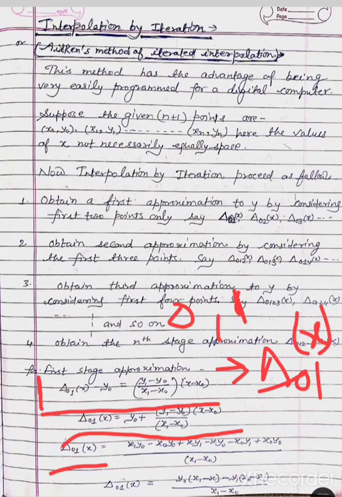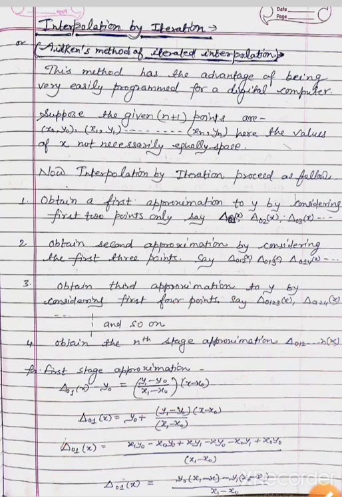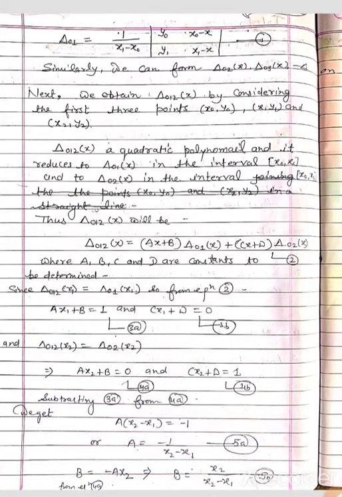Again rearranging, we obtain delta 0 1 x equals this, and we can write this relation in determinant form as delta 0 1 equals 1 over x1 minus x0 times the determinant whose columns are y0, y1 and x0 minus x, x1 minus x.